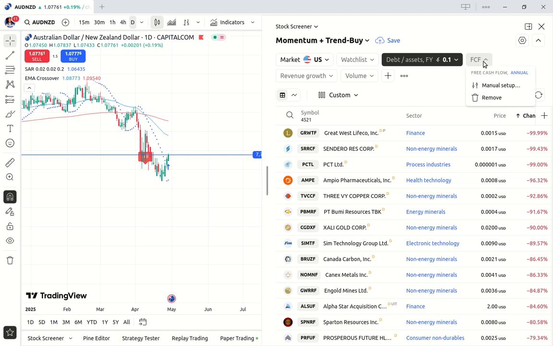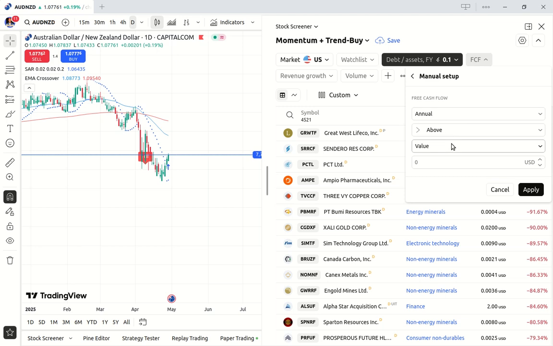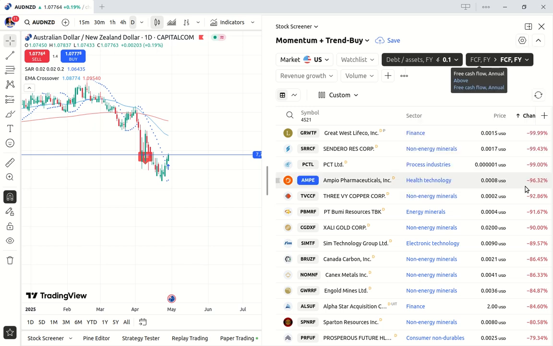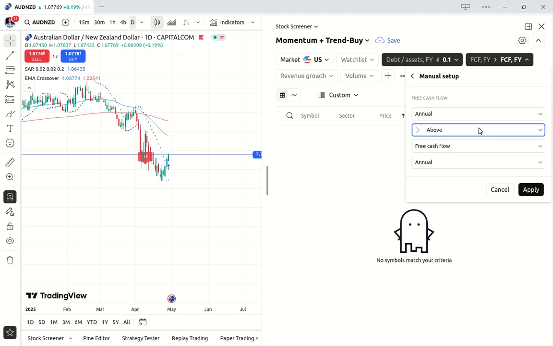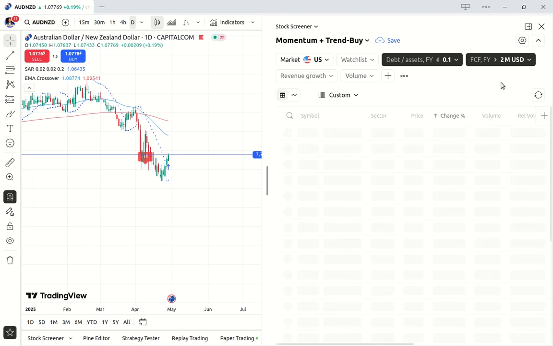Then you want a positive cash flow. What is this? Above... Let me see what you have here. I don't know what value you can put here. Maybe we'll just put a fake one. So 2 million.